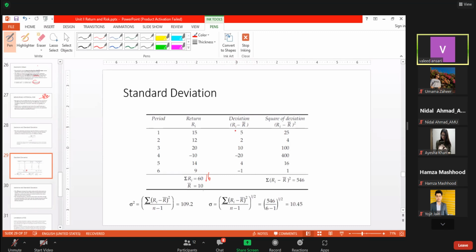Next, these observations, these returns, you know, 15 minus 10 is 5, 12 minus 10 is 2, and in this way we arrive at the deviations one by one. And please remember that if a deviation is negative and you square it, it will become positive. So now we have arrived at these squared deviations. The sum is 546.